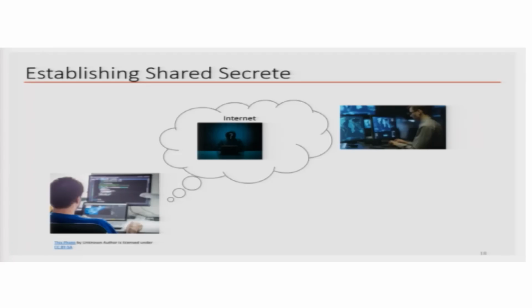Now the question is how it is used to establish a shared secret, because, as I said, public key cryptography is usually based on a very complex mathematical problem compared to secret key or symmetric key cryptography, where bit shuffling and bit permutation are used.